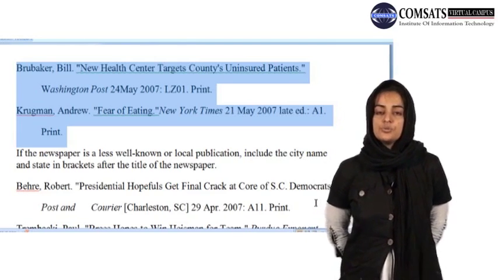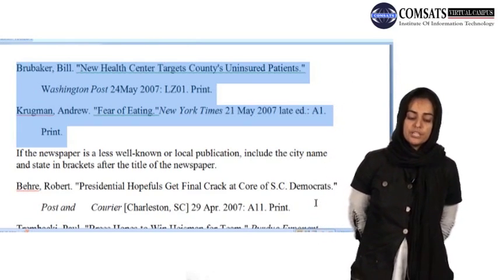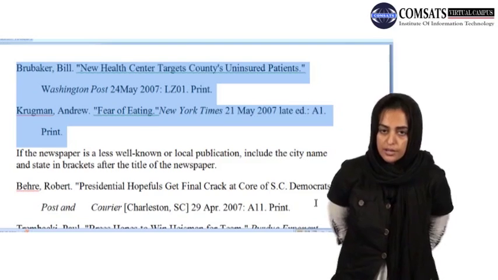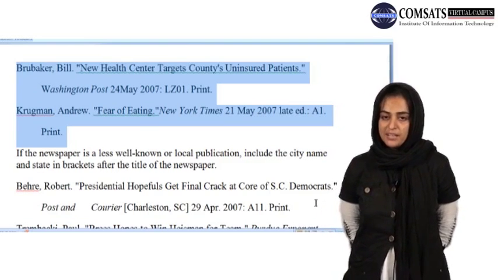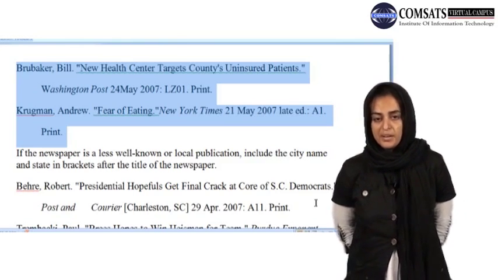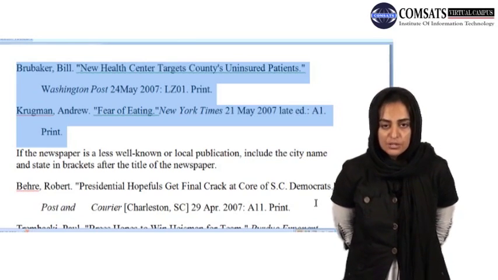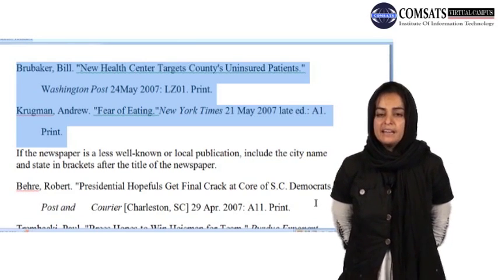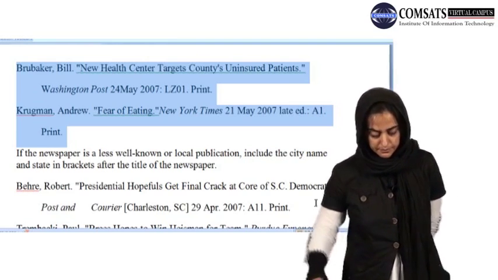Okay, dear students, there might be a situation in which you have picked up a piece of information from a newspaper which is not well known. So through the MLA referencing style recommendation, there is something additional that needs to be done. Here it is recommended that after the name of the newspaper, you add the city name and the state as well in brackets.